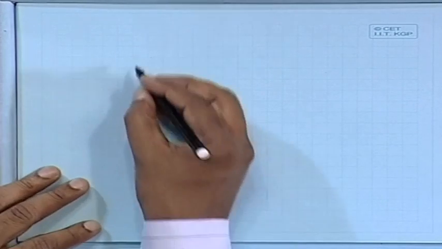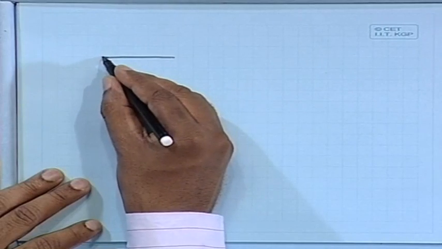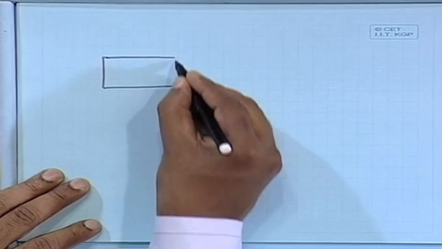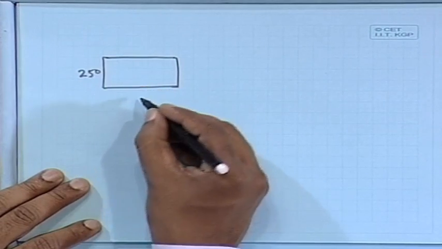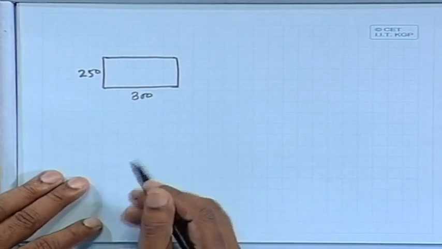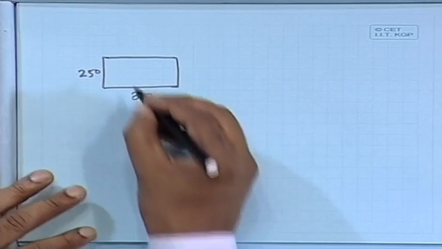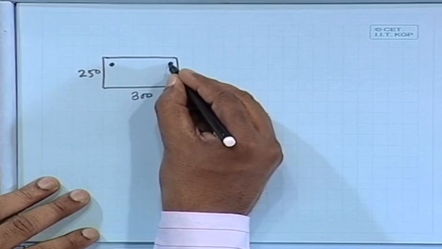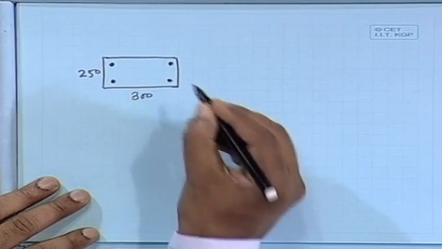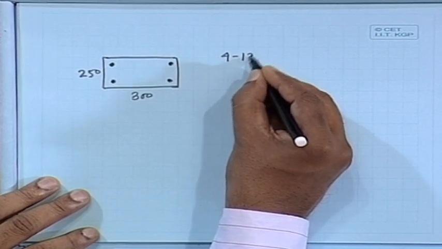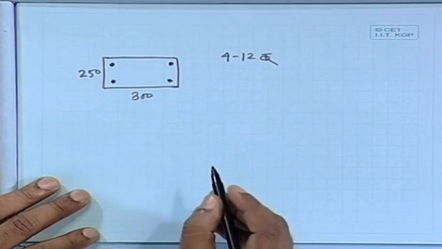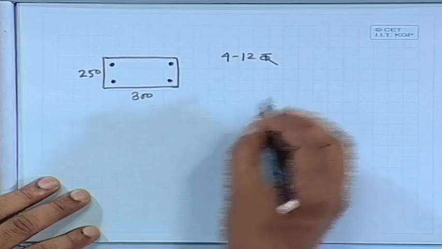So, the design of a column is very simple in that case. What we have to do is take one section, say 250 by 300, with, say, 4 bars of 12 mm diameter.